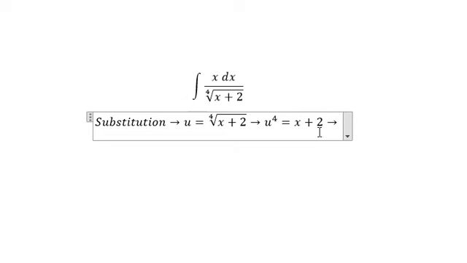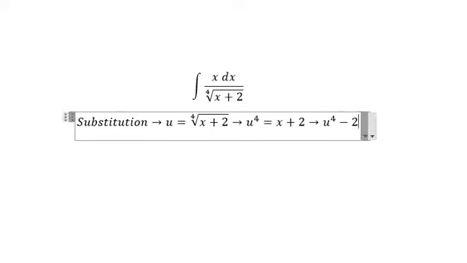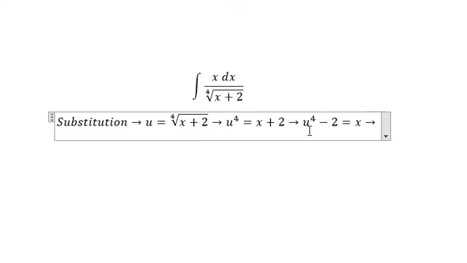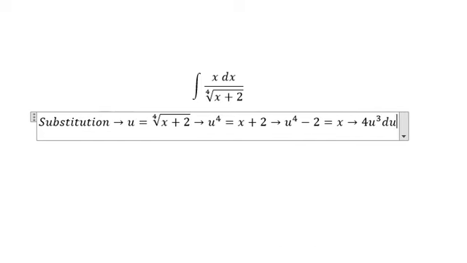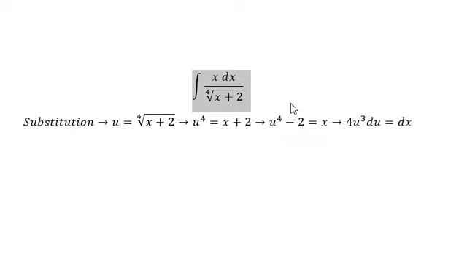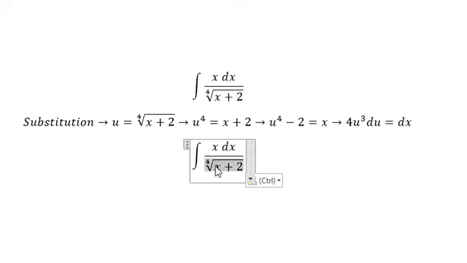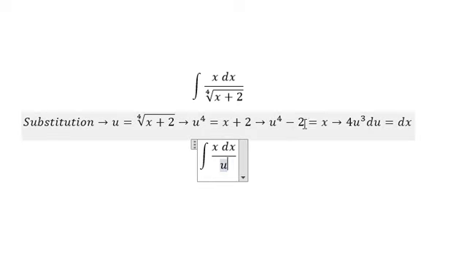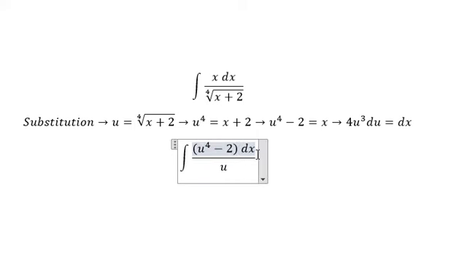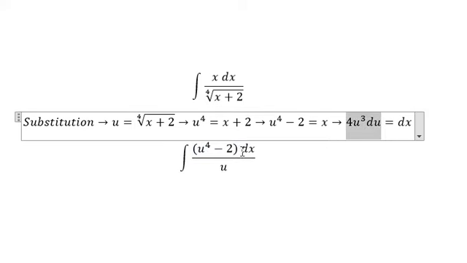Because we have s, we put number 2 on the left. Later, we do first the derivative for both sides. This one we change for u. S we change for this one. The S we change for this one.